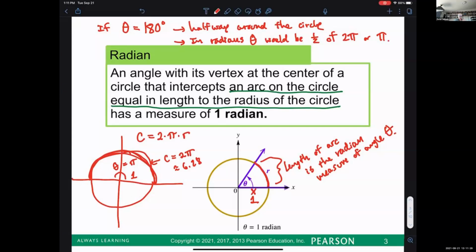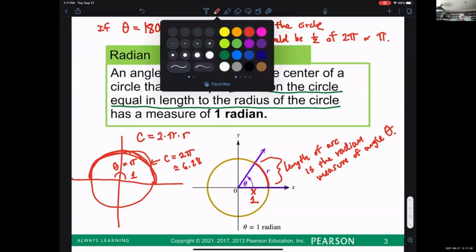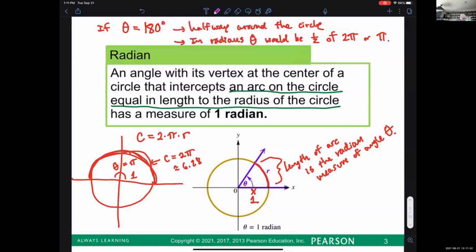And so if I cut that in half again, I could imagine that I'm now doing a 90-degree angle. If I do a right angle, well, then my arc length there would be 1/2 of the 180 that we just did.